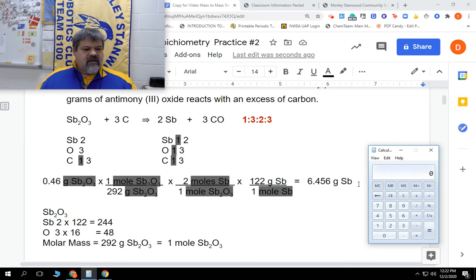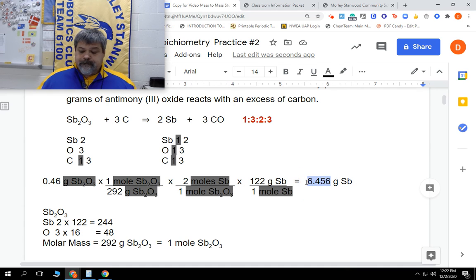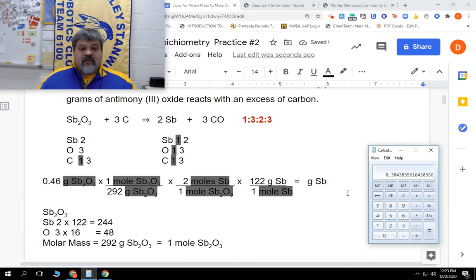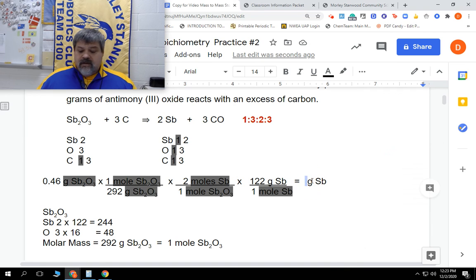Okay, so let's clear that and go 0.46 divided by 292 times 2 times 122 equals, there we go. So it's going to be 0.38438. Double check with the calculator.